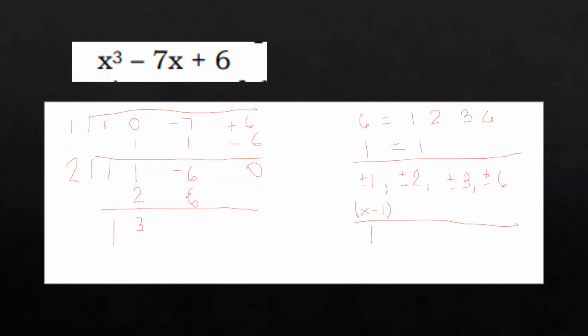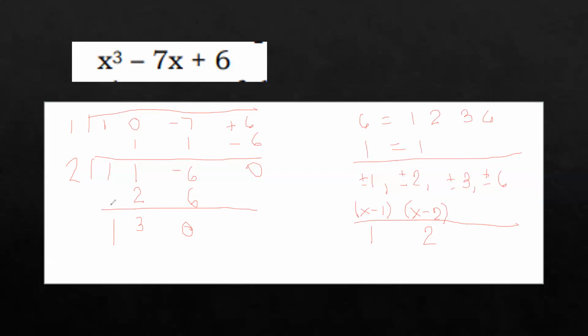Then negative 6 plus 6, this is 0. So ibig sabihin, tama si positive 2. So kung tama si positive 2, ano ang factor nun? X minus 2 po. Correct. That will be x minus 2.